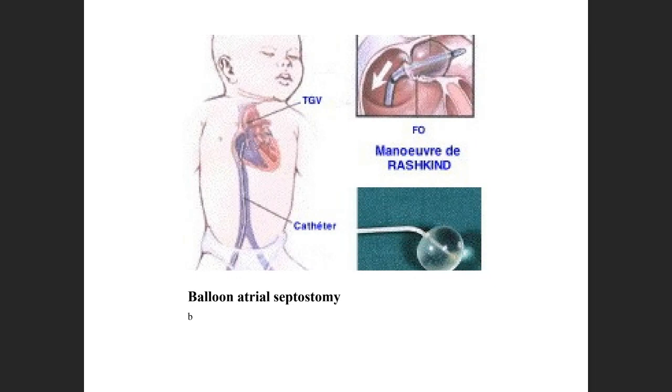Once the balloon is in the left atrium, it is distended with contrast medium, and then it is rapidly and forcibly pulled back through the foramen ovale, and it creates a septal defect, which allows communication between the systemic venous blood with deoxygenated blood and the left atrial blood, which contains oxygenated blood coming back via the pulmonary veins.